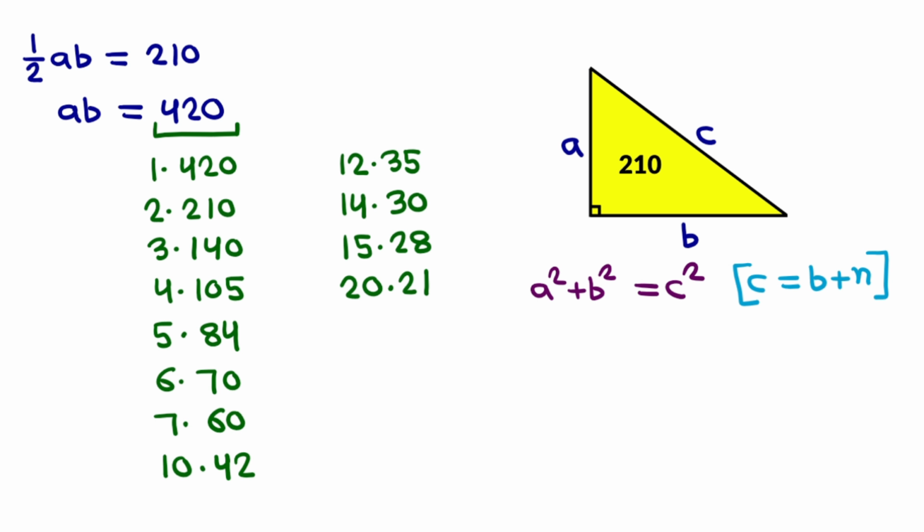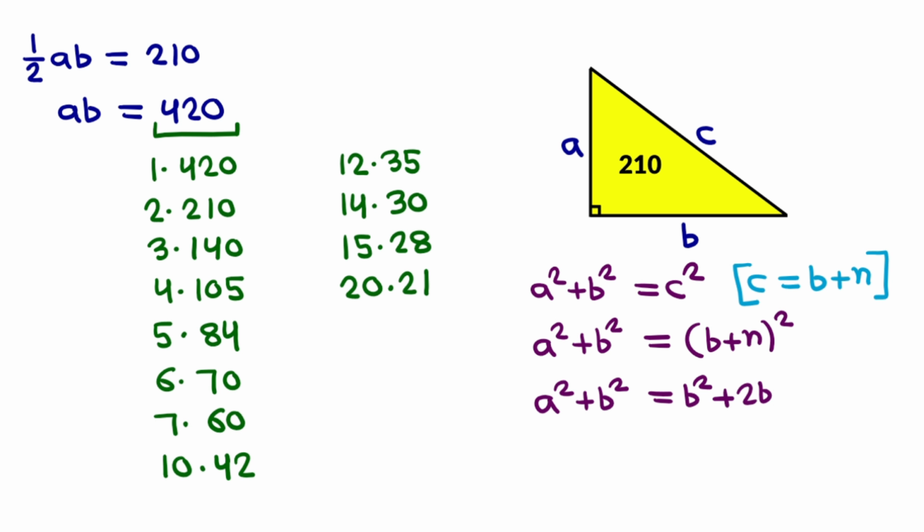Substitute that into the Pythagorean theorem. We get a squared plus b squared equals the quantity b plus n squared. Expanding the right side, we get a squared plus b squared equals b squared plus 2bn plus n squared. The b squared terms cancel, leaving us with a squared equals 2bn plus n squared.